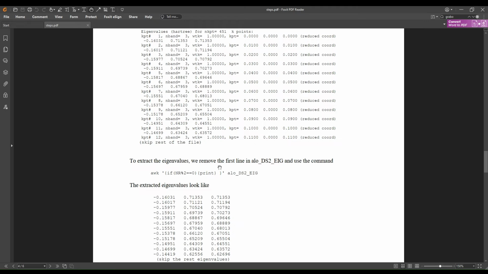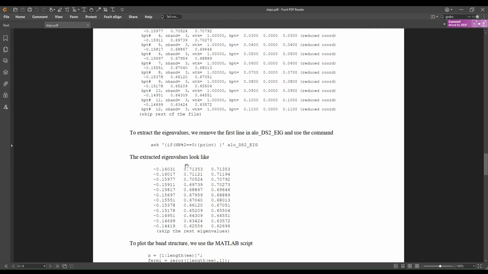So we can extract them by using this awk command in Linux, and we can extract all the eigenvalues here. You see that now we only have 3 columns, and each column corresponds to 1 band in the calculation, and each line corresponds to 1 key point in the calculation.